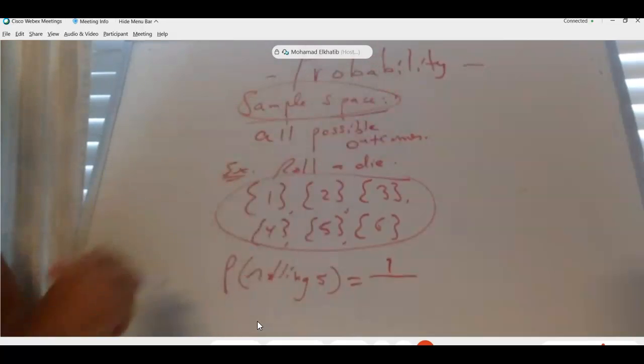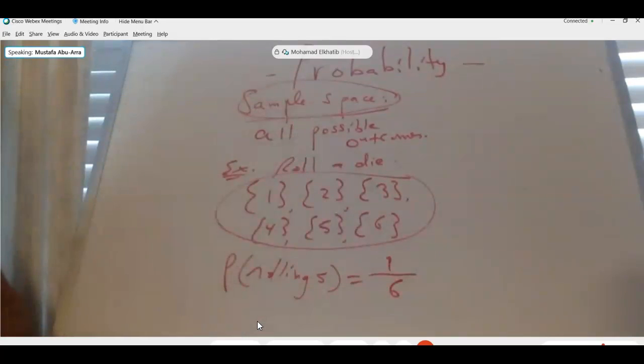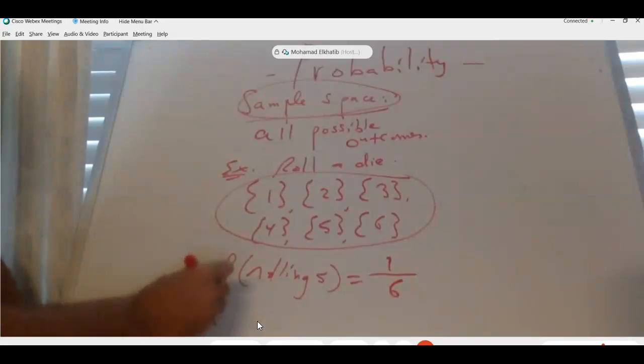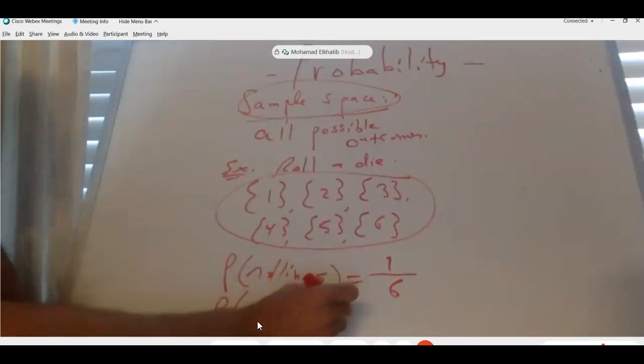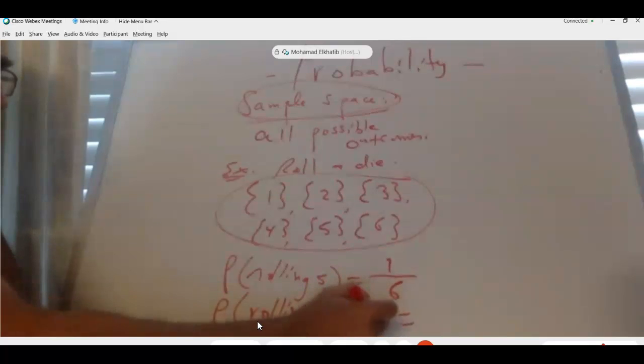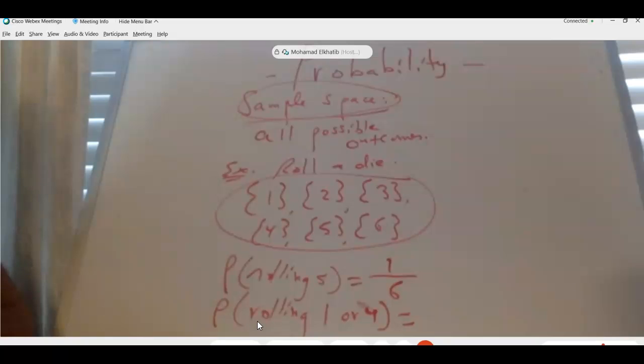How many sample spaces do you have here? 6. And that's the answer. So when you put the sample space, it'll be easier. If I tell you what's the probability of rolling 1 or 4? How many 1s and how many 4s do you have here?